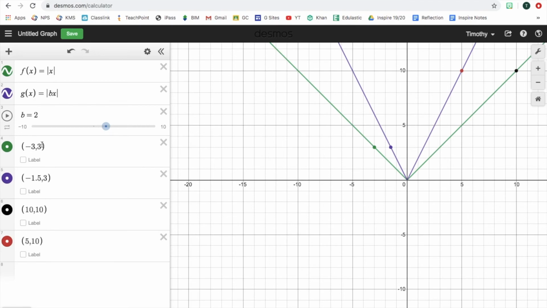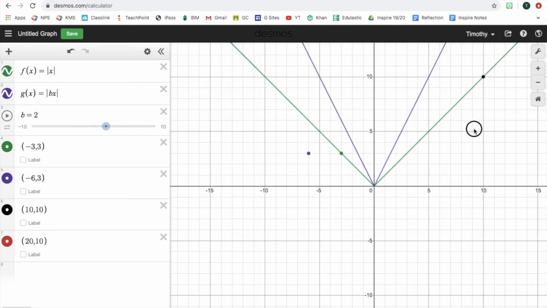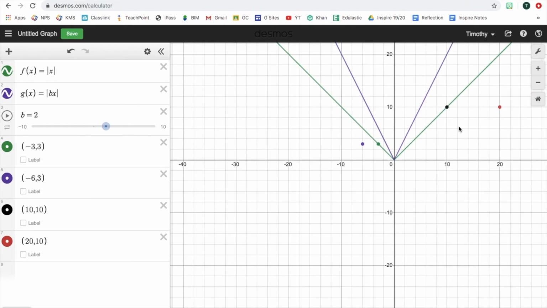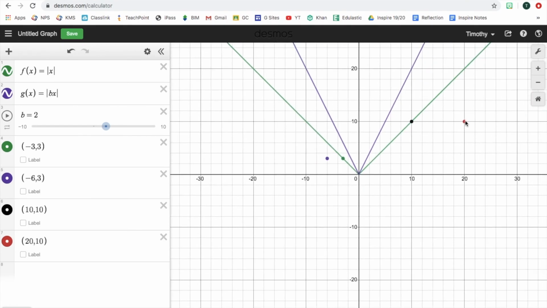Instead of dividing by 2 or multiplying by 1/2, I'm going to take this x value from -3 to -6. And instead of making 10 divided by 2, I'm going to make it 10 times 2. So this point, (20, 10), is not even on my graph right now, but I can zoom out a little bit, and now we see it over here.